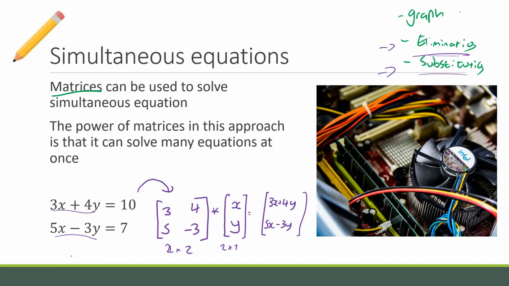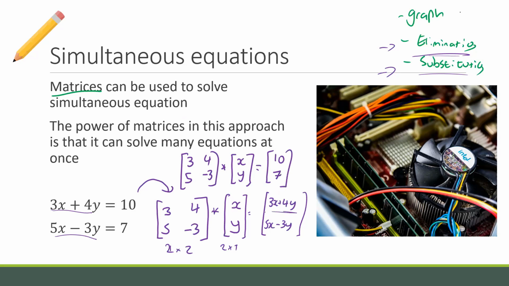Yes, sir. So what I can do is actually change this. I'm going to put this up here just because I don't want to get rid of that: 3, 4, 5, -3. If I take this matrix and multiply it by x, y, I will get a matrix that looks like this: 10, 7.